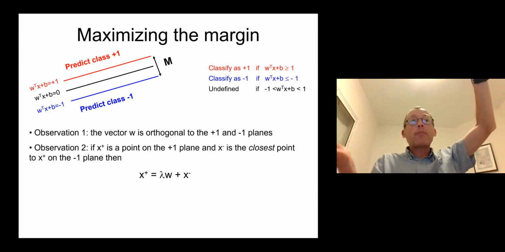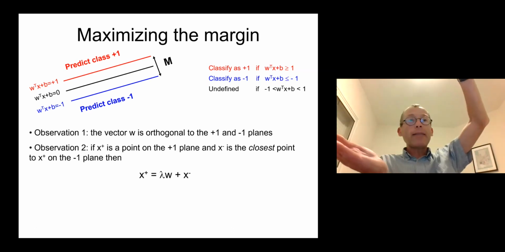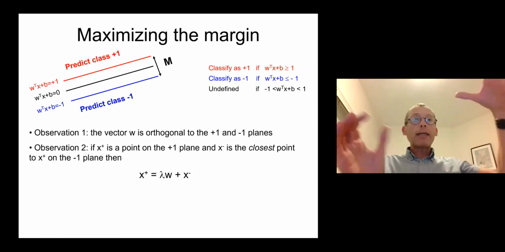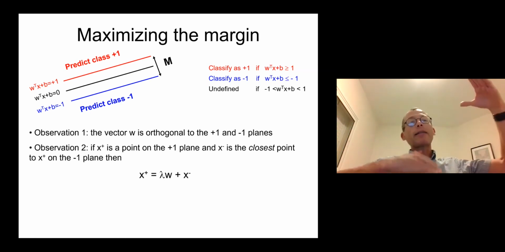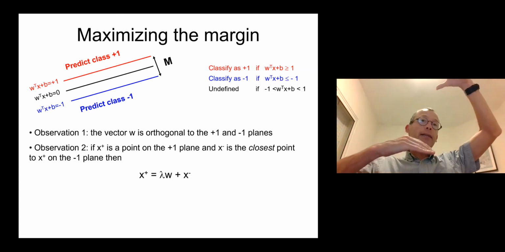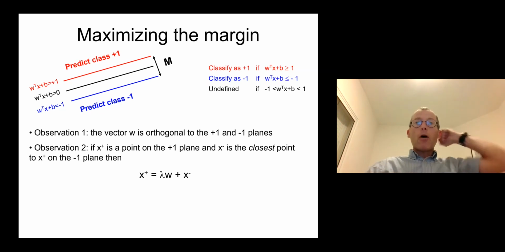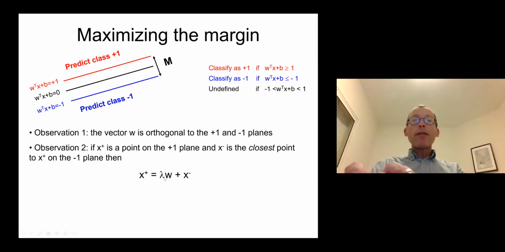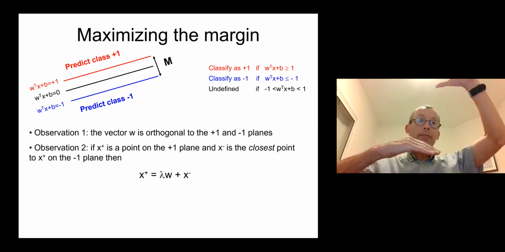We haven't defined that. But if we use W, we know that W is basically connecting the two planes, right? And we have to travel using W some distance. Let's call it lambda. I don't know how long. That's just an observation about distance. The distance is defined by a 90-degree angle from both planes, and W is the vector that satisfies this. Of course we don't know lambda, but if we knew lambda, it can give us some information on the margin, because lambda W is exactly the distance between the two planes.